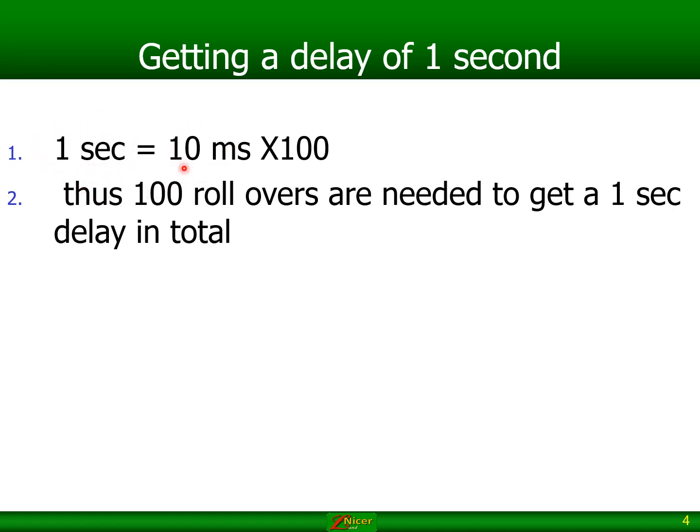So this 10 milliseconds, that was the required one from the timer, must actually happen 100 times, because that will give me 1000 milliseconds, which is equal to 1 second. So in my program, which I am going to show to you in the next slide, you will see that this rolling over will occur 100 times while my output is high the whole time, or while my output is low the whole time.